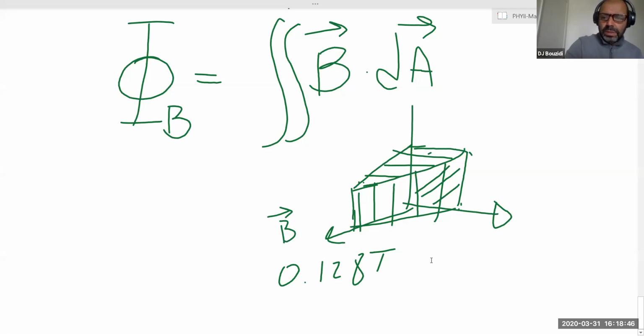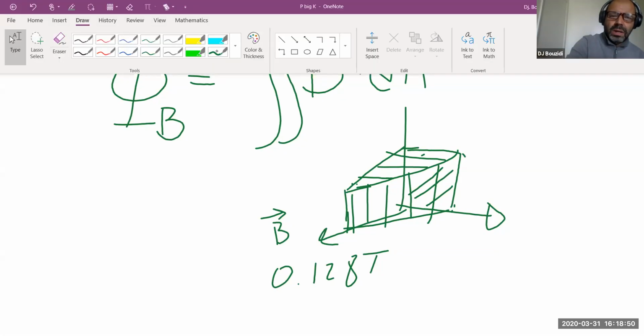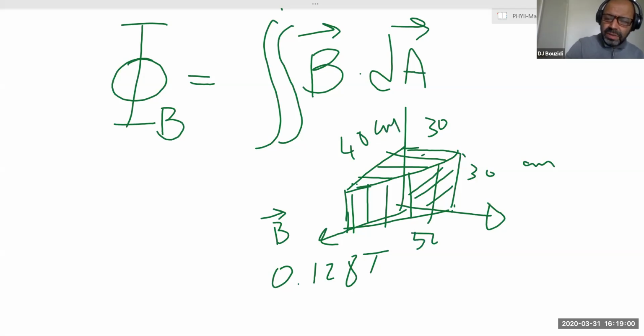So this side is 30 centimeters. This side is 30 centimeters. All of these units are in centimeters. This is 40 centimeters, and this side is 50 centimeters.